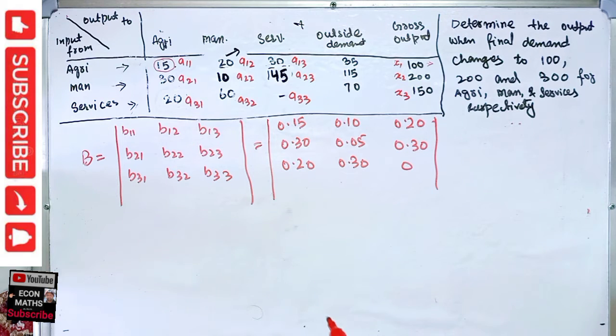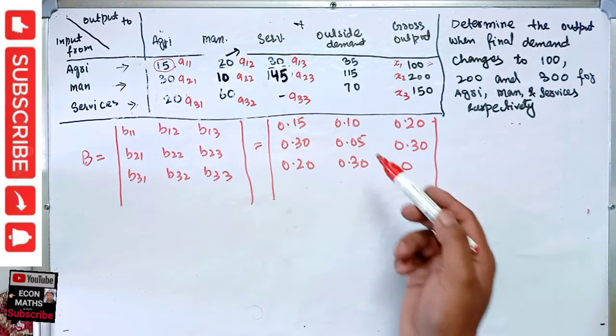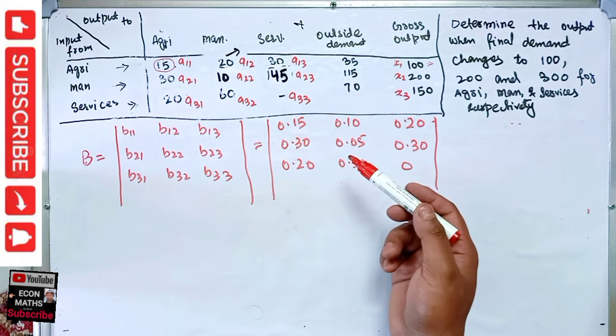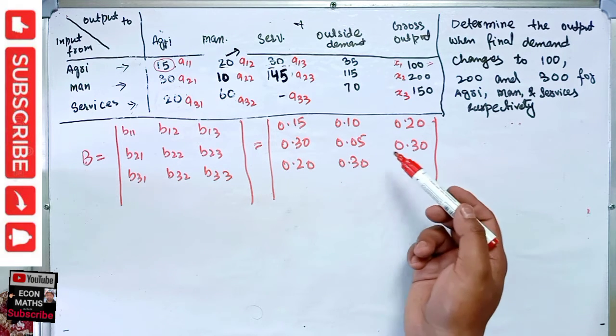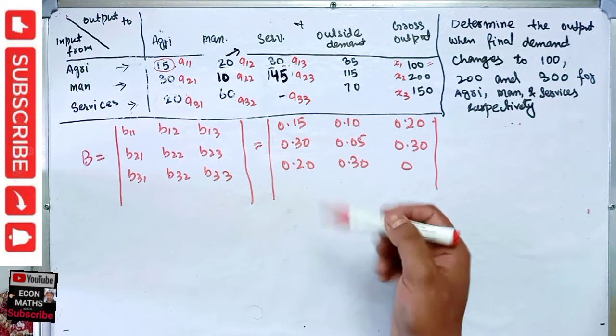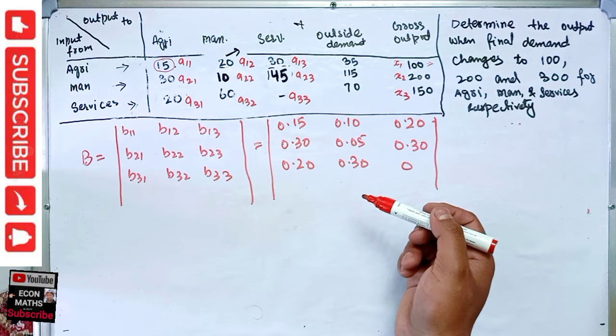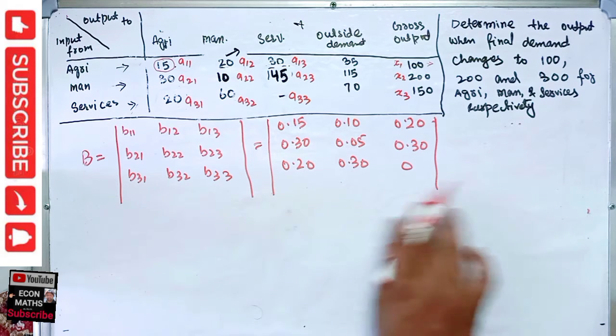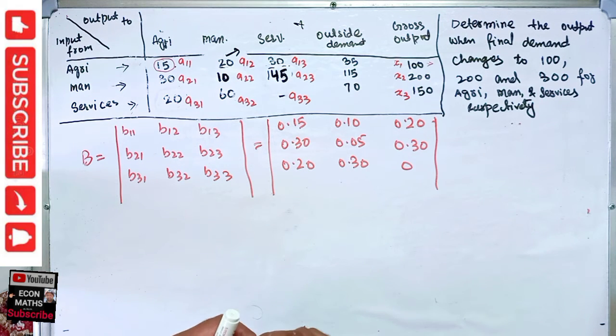This is our technological matrix, or we call it the input output coefficient matrix. It simply tells us to produce 1 unit of output, how many units of other industries are used. So this is our input output matrix.